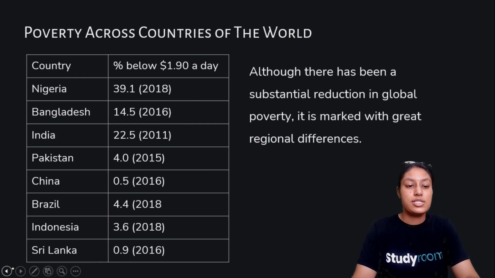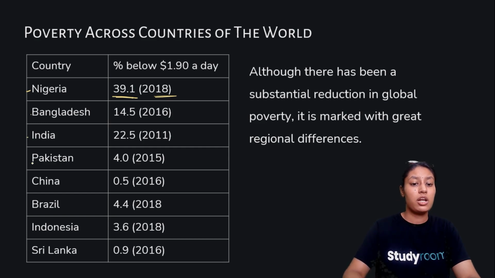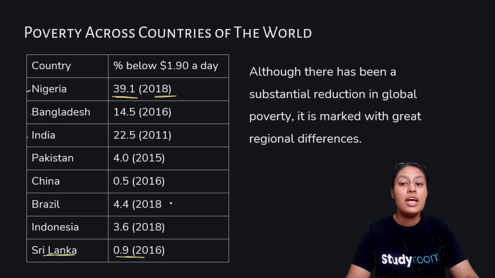First we have Nigeria. Nigeria has the highest poverty rate, meaning the number of poor people here is higher, according to 2018 data. Then Bangladesh, India, Pakistan, and the lowest is Sri Lanka, according to 2016 data.